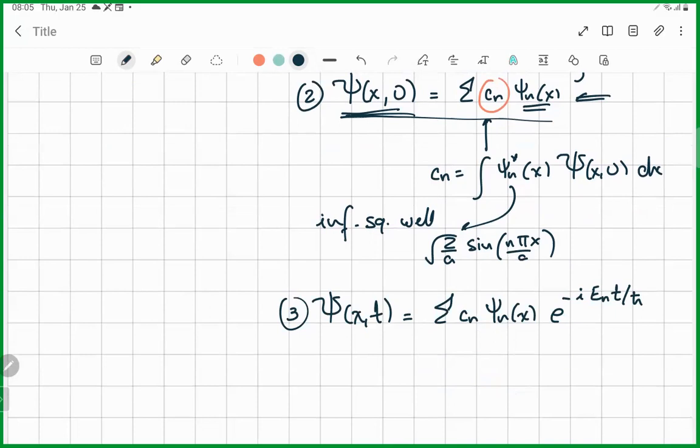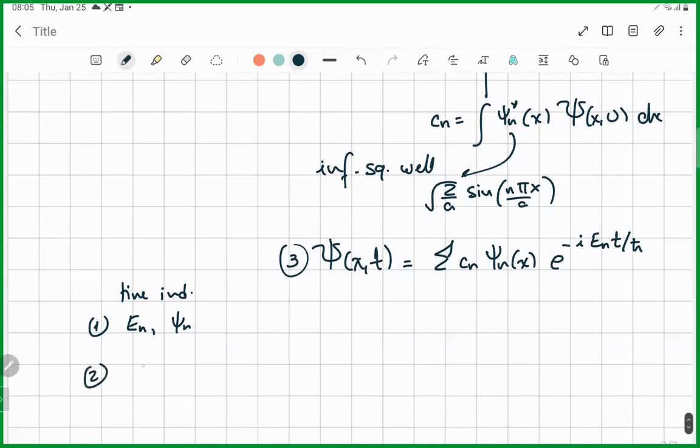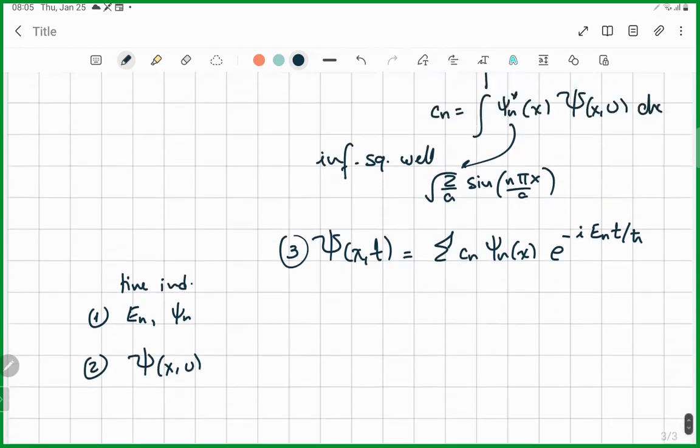So in our case, we already did everything. Now we have the solutions from the time-independent Schrödinger's equation. Number two, it will depend on the problem. They will give us the initial state.